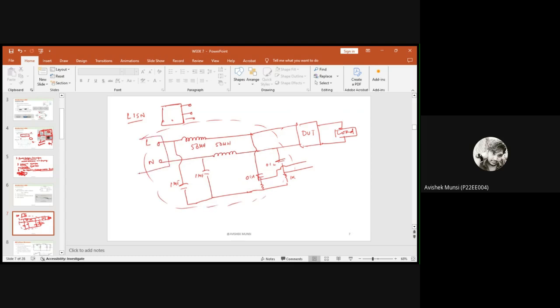This is the supply where line and neutral are taken. This LISN doesn't allow any noise to enter into the device, and if any noise gets introduced into the system, then by means of these capacitors, they are confined into it.